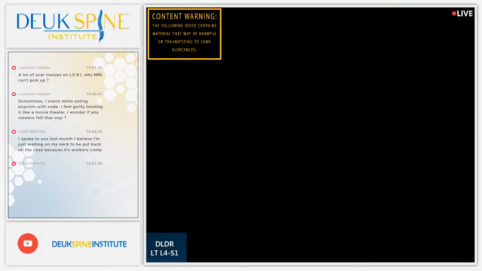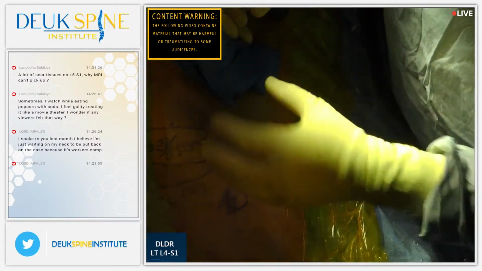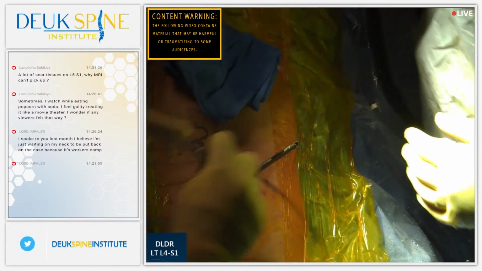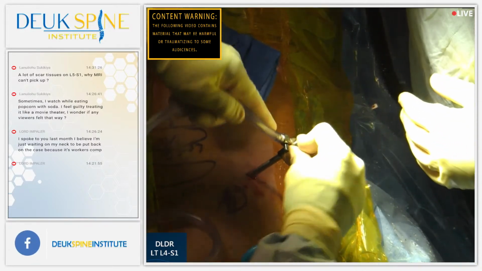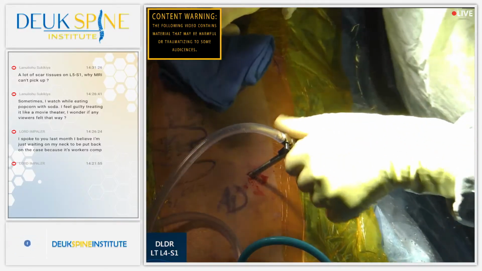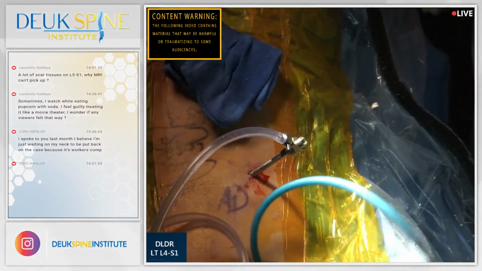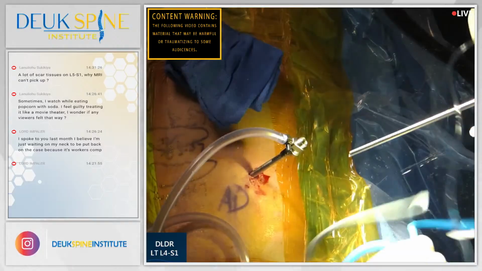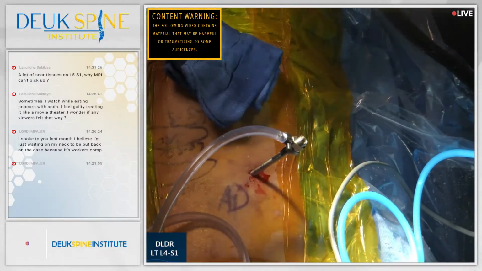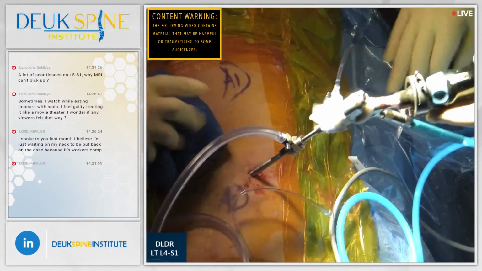Get rid of it with a laser, get rid of the granulation tissue, the scar tissue, the calcification, the inflammatory tissue, get rid of all that stuff in there, and just let the wall of the disc heal naturally. And that's what will happen in time. Takes about a year to fully heal. We tell everybody to be careful for the first year.